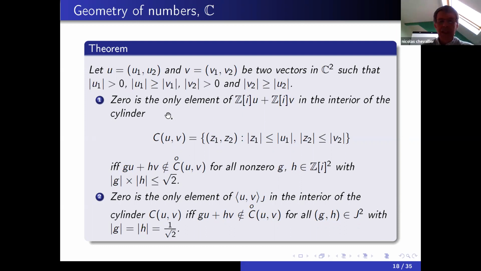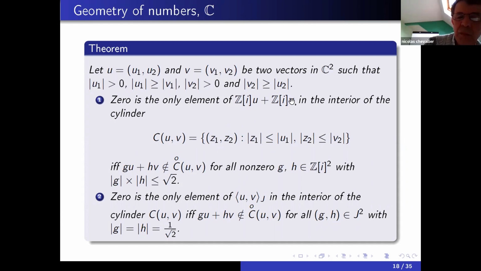And what we want is that in the first case, when U and V are of index 1, the cylinder C of UV contains no non-zero point of this lattice in its interior. We want to check this with finitely many conditions, and these are given here.